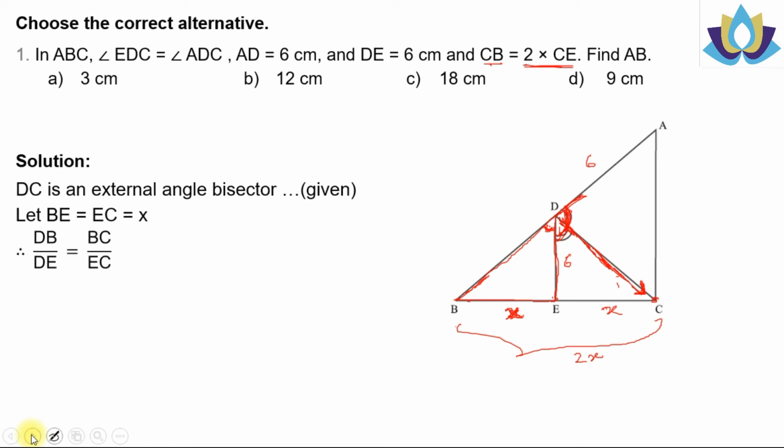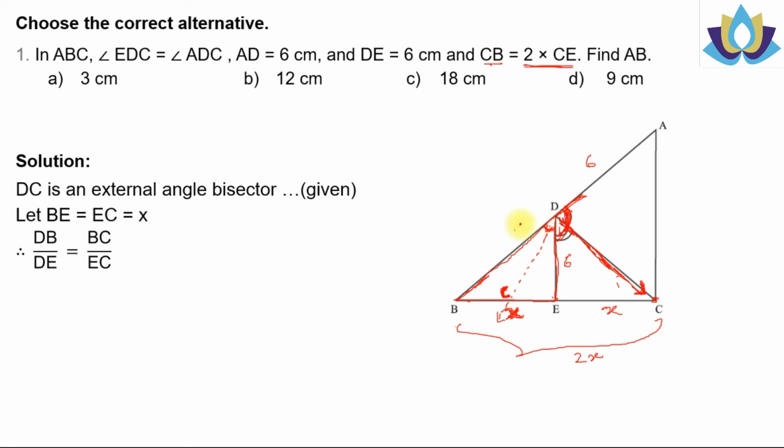Now, as per the theorem that we know, DB upon DE will be written as BC upon EC. Those who still have some confusion, I'll give you a hint. Look, if I draw the interior angle bisector, and if this is point C, do you know what we can write for this?